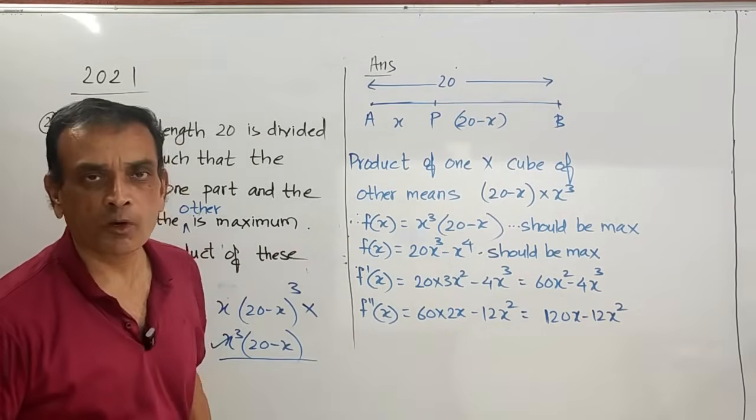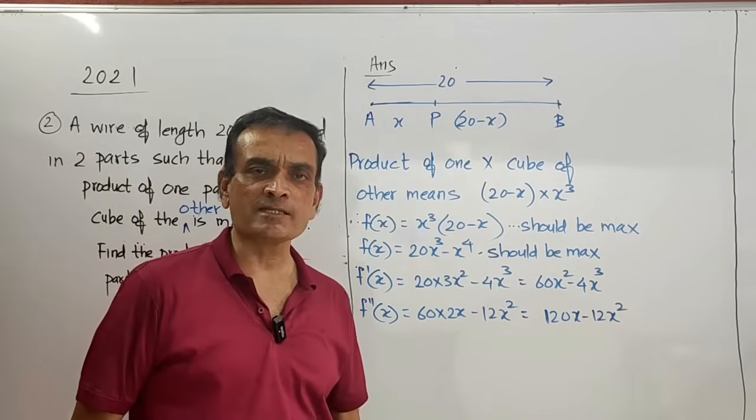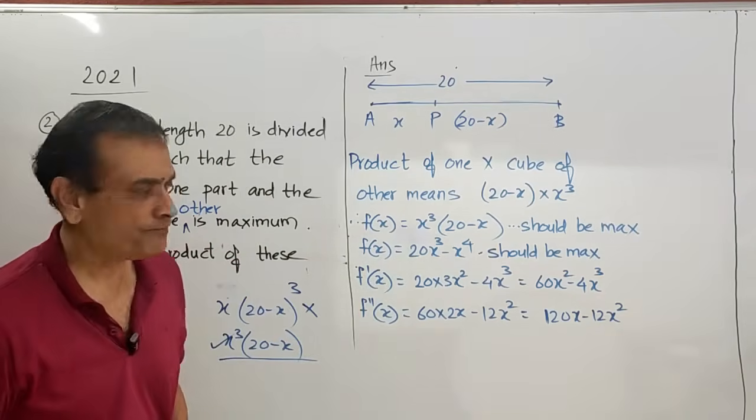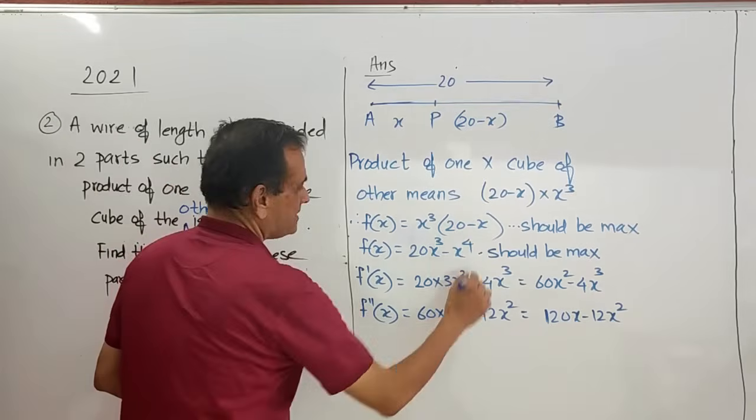So this is not volume or area, simple function of x है जो हमको maximum चाहिए. Area volume कुछ नहीं है इसका. So this is f(x).